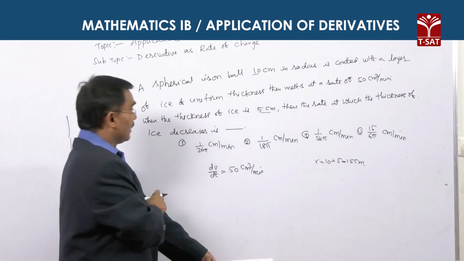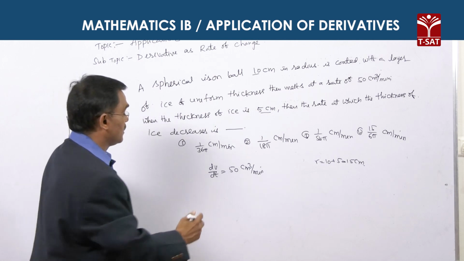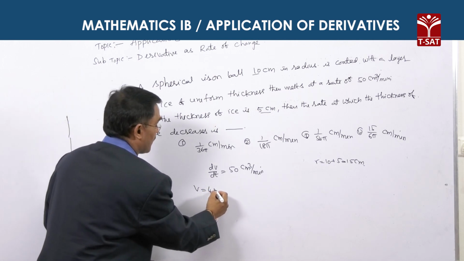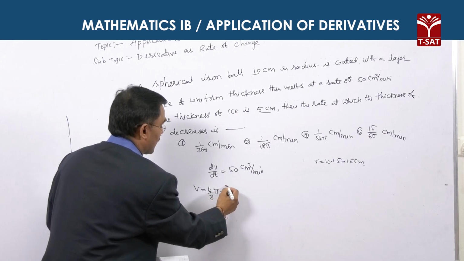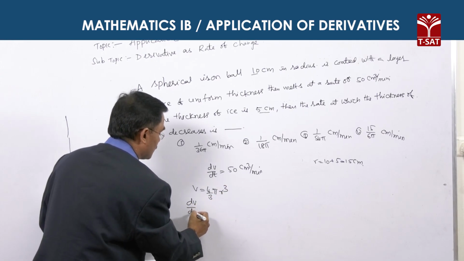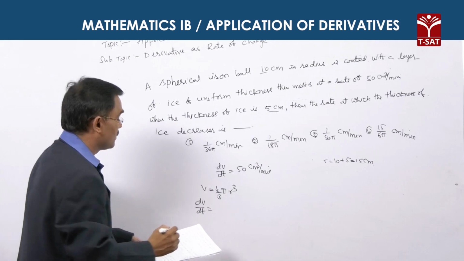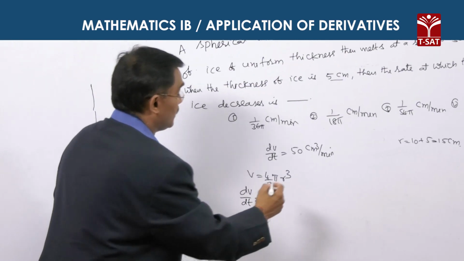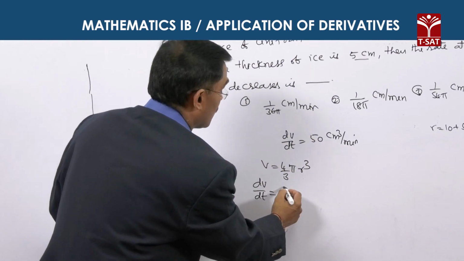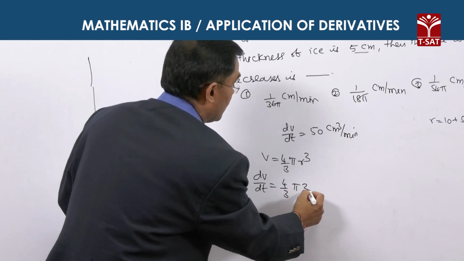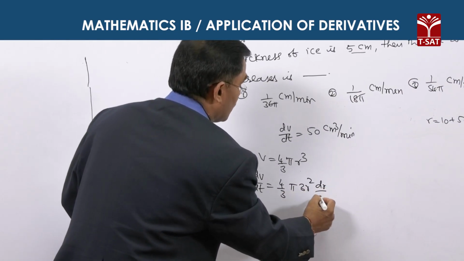Then we know that the volume of the sphere is V equals 4/3 pi r cube. Then the rate of change in volume, dV/dt, is equal to 4/3 into pi into 3r square into dr/dt.